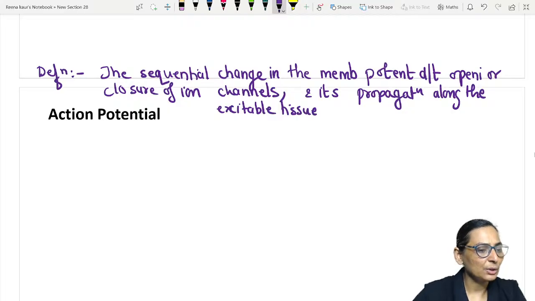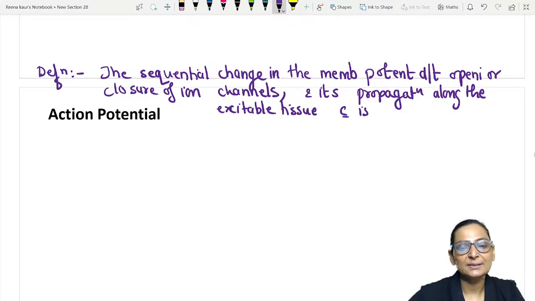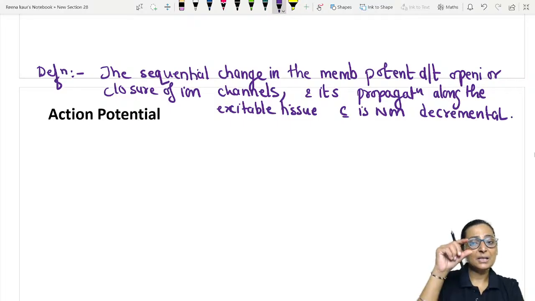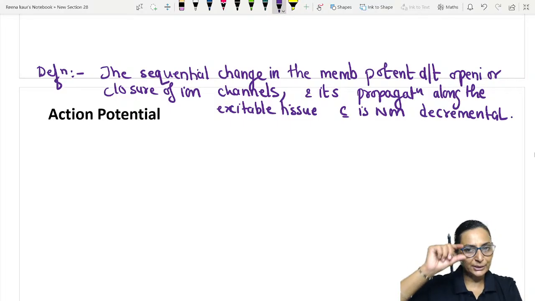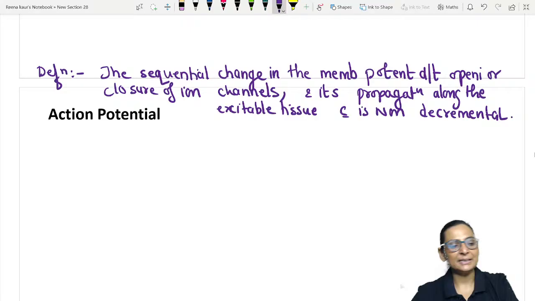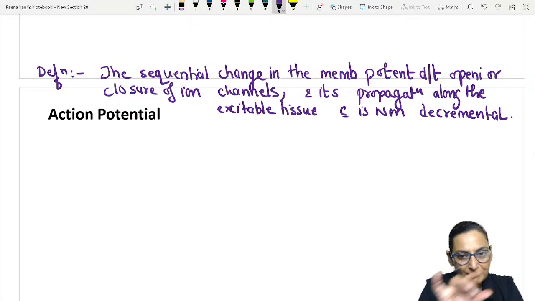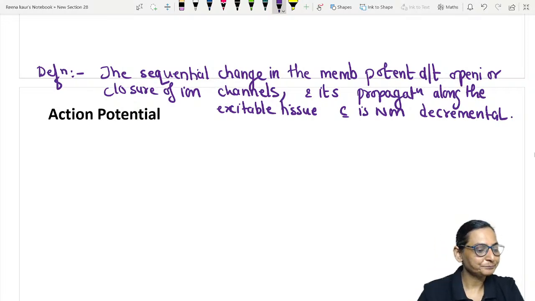This propagation along the excitable tissue is non-decremental. That means once it develops a particular magnitude or a particular intensity, it is going to travel with that same intensity throughout the membrane, right? So definition is the sequential change in the membrane potential due to opening or closure of the ion channels and its propagation along the excitable tissue which is non-decremental.